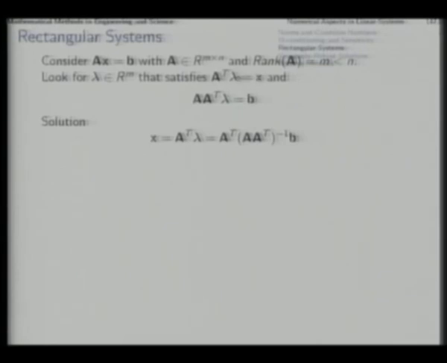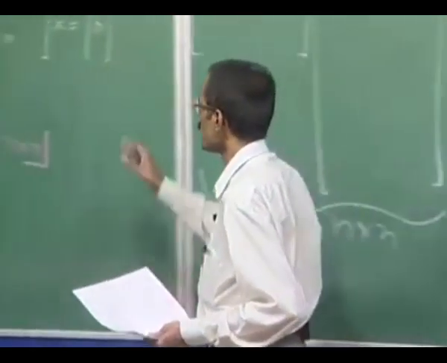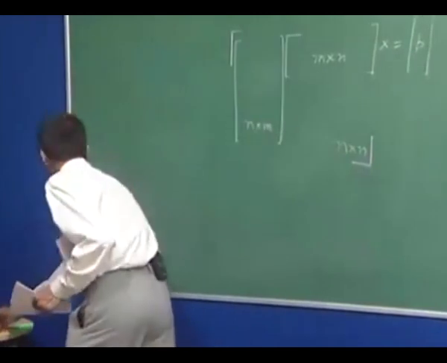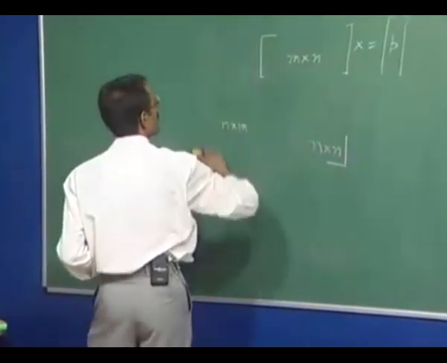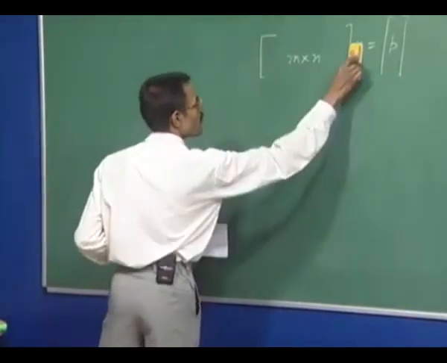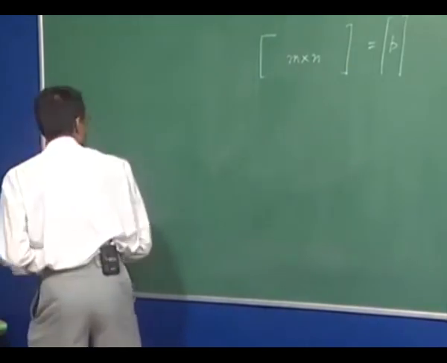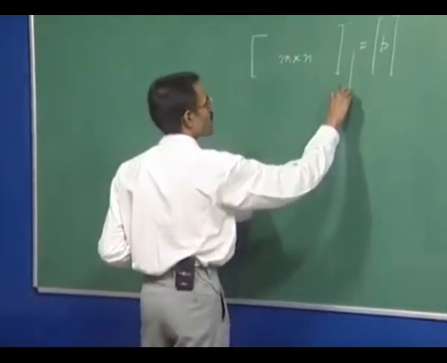That means you look for an m dimensional vector lambda which will satisfy A transpose lambda equal to x, and then in place of x you try to insert A transpose lambda.